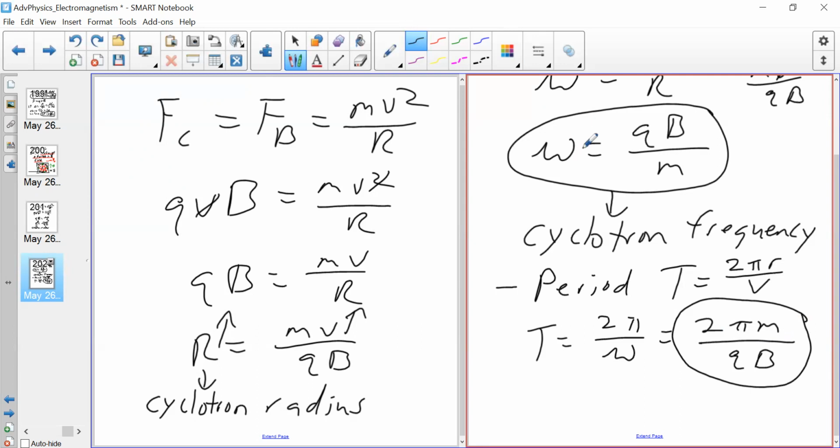And if you're looking at it in terms of wave perspective, the actual frequency f, omega is equal to 2 pi f, well then f will be omega over 2 pi. So same really. It'd be qB over 2 pi m. So it's just the inverse of this, because frequency is 1 over period. Questions?